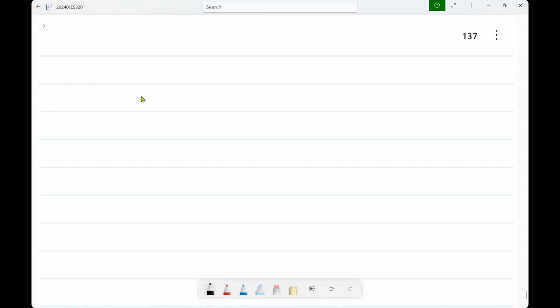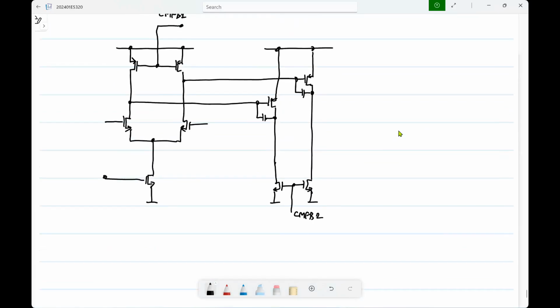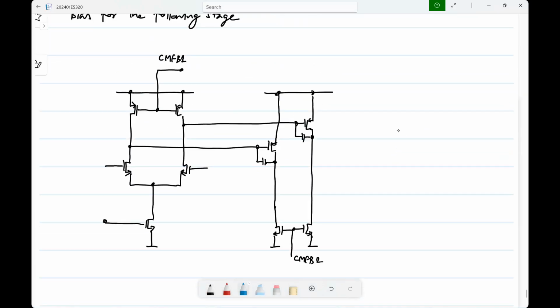Let me keep this aside. So for instance, we had many different ways of controlling CMFB1.